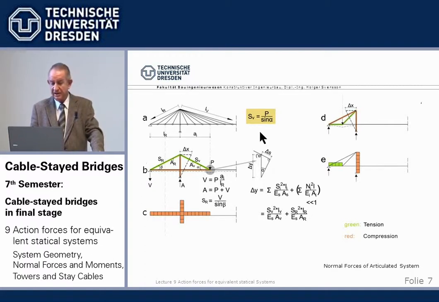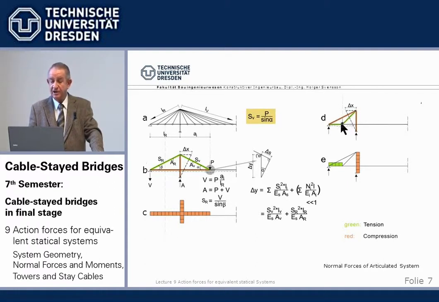So with this formula we calculate the forces, and with this formula we calculate the deflections which we will need later. Of course, we then have the cable forces. We have the normal forces for a load here in the center.